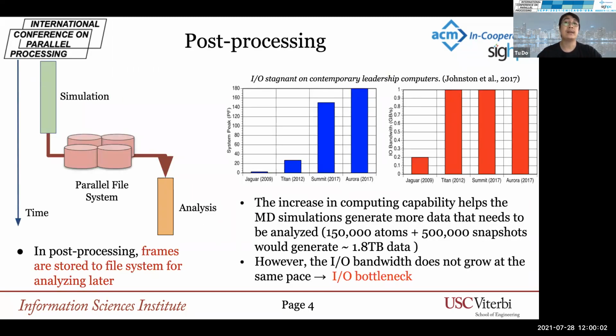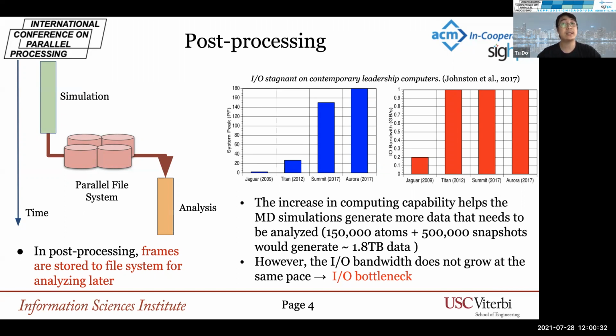Traditionally, the MD simulation will write the entire frames to the parallel file system, and the analysis will be performed post hoc by getting the data from the parallel file system and performing the analysis later. This type of approach is called post-processing. However, post-processing encounters problems with contemporary computers.